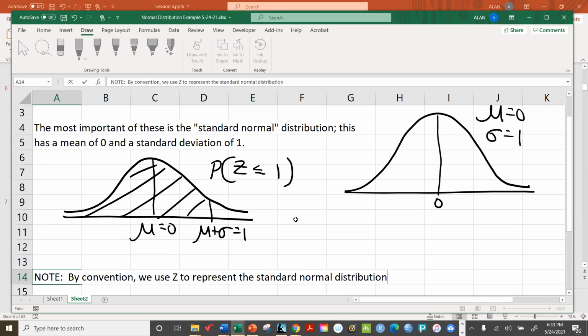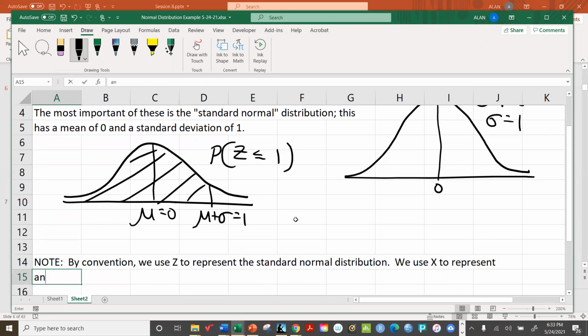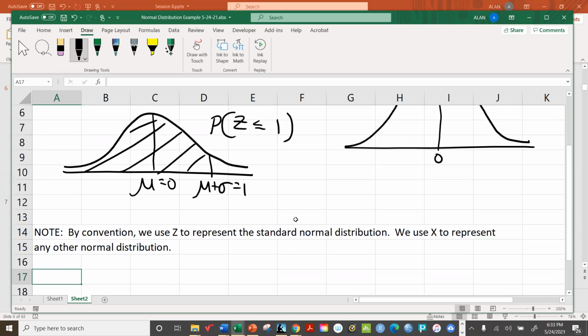We use X to represent any other normal distribution. So this number we have here, well, here, I guess, is the so-called Z-score. You may have heard of that before, the Z-score. It represents a specific location under the standard normal curve.